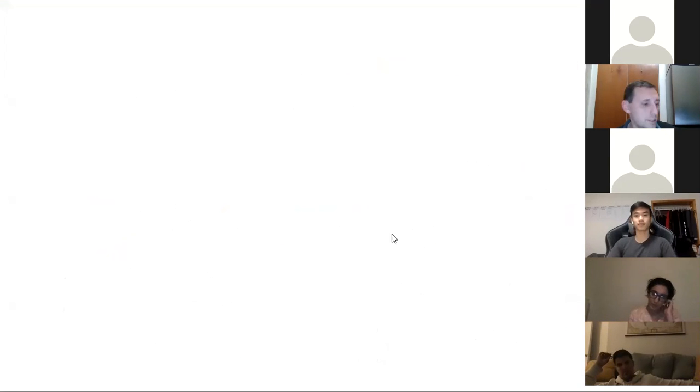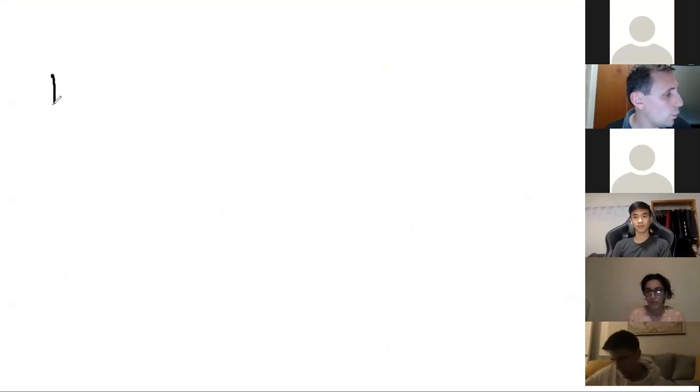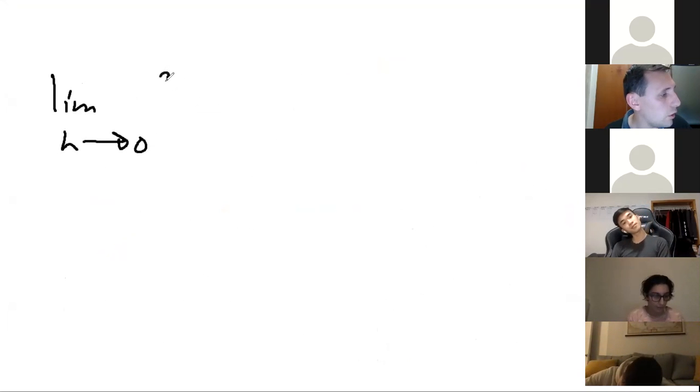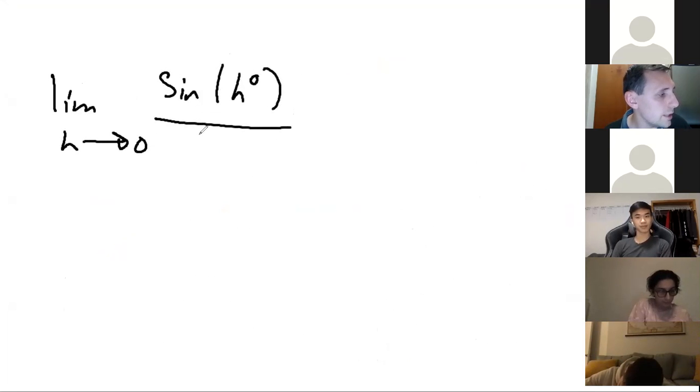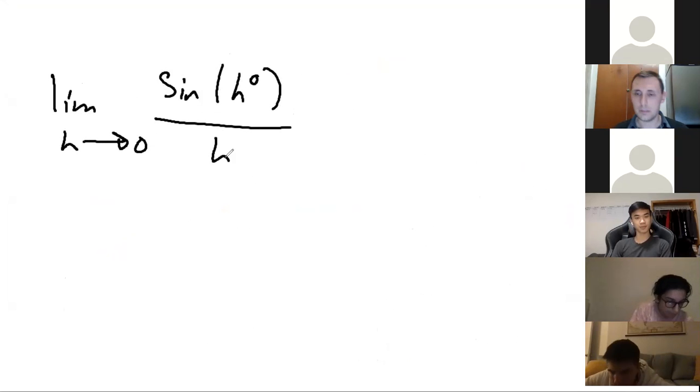Let me see if you understand this. Here is a very easy way to verify if you understand it. Tell me what is the limit as h goes to 0 of sine of h degrees divided by h. I'm now measuring the angle in degrees. What is the limit?